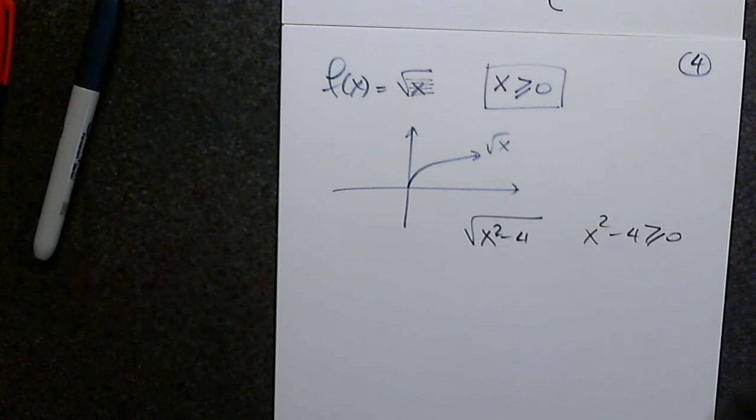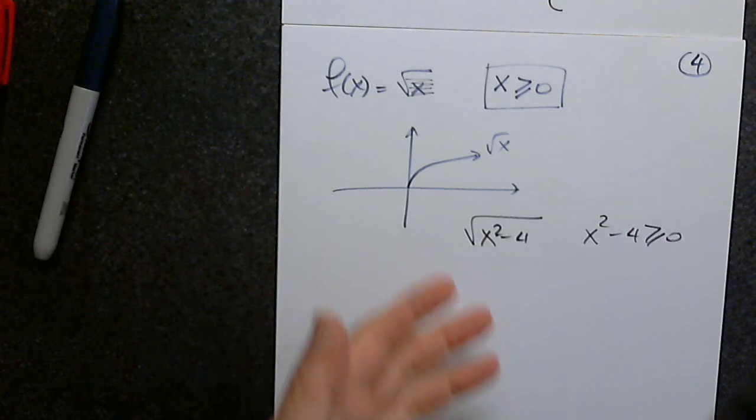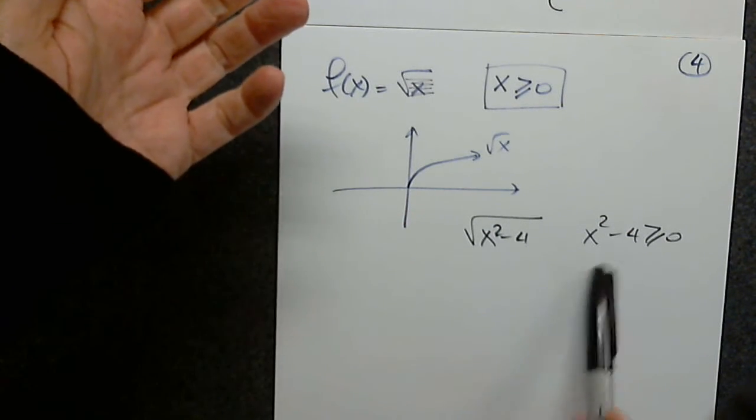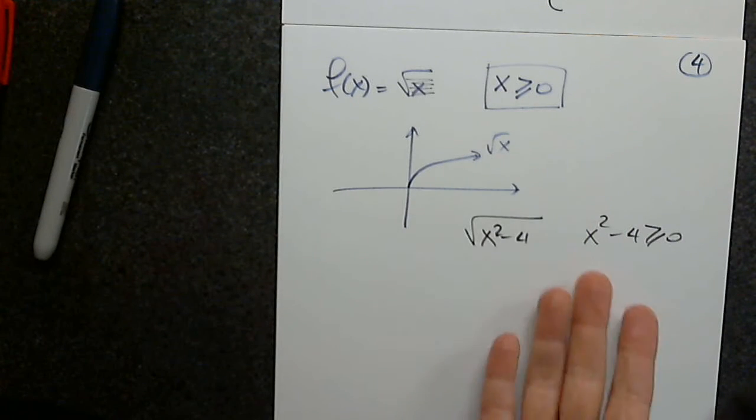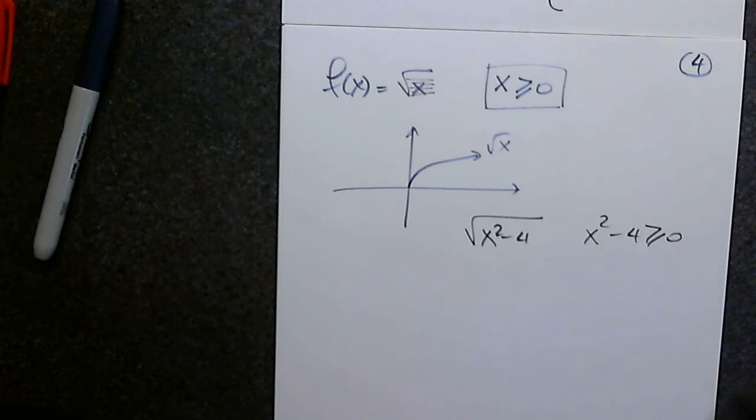We're talking about real functions here. So for the same reason x is greater than or equal to 0, x squared minus 4 has to be greater than or equal to 0. Otherwise, the radical doesn't exist as a real number. Is that okay? Moving forward, you have to remember that.